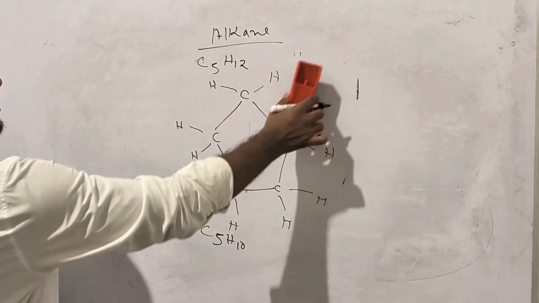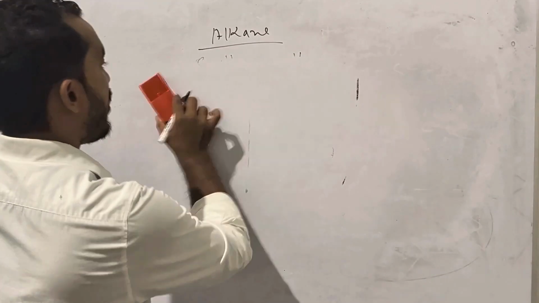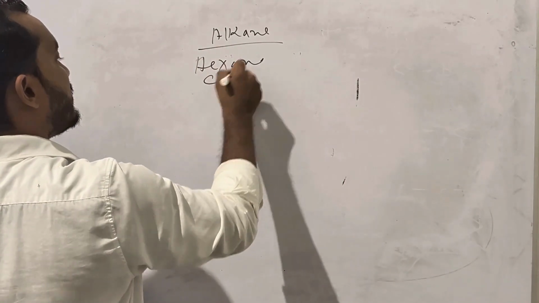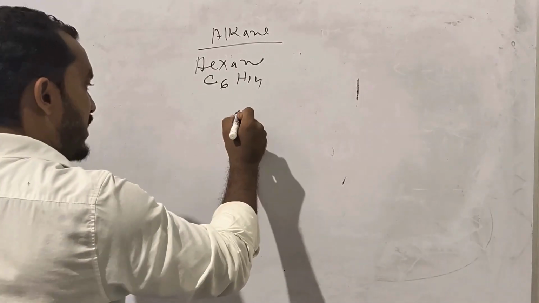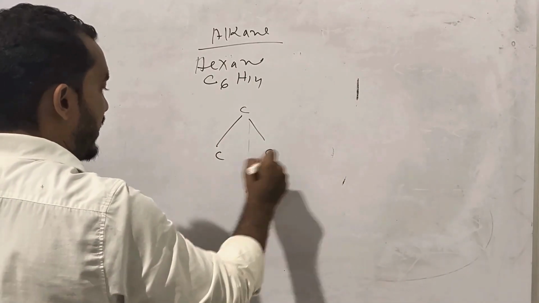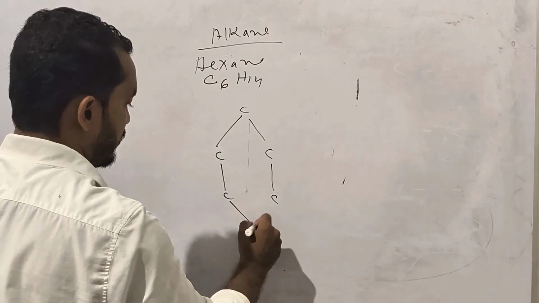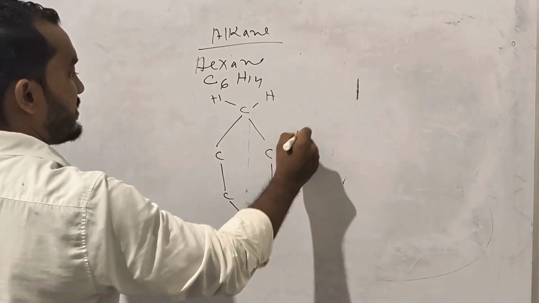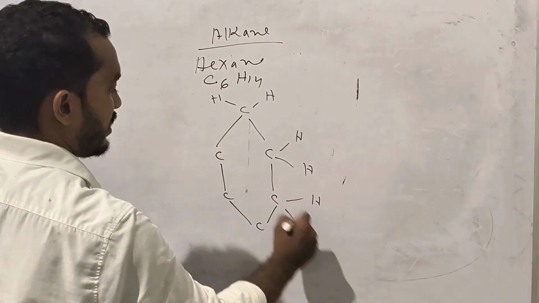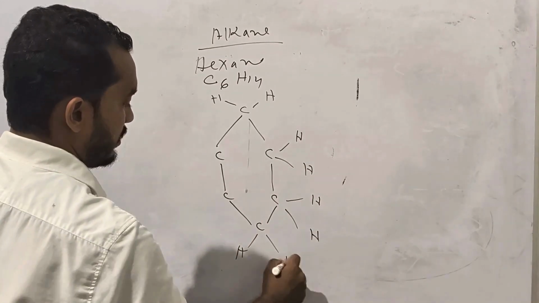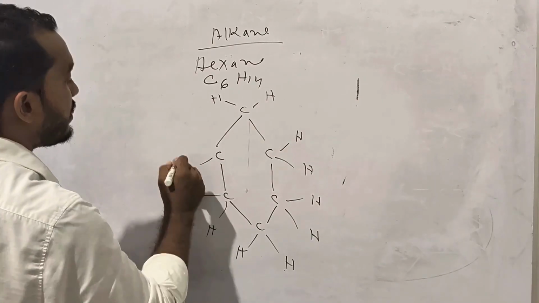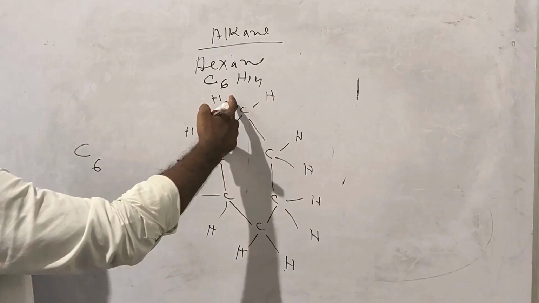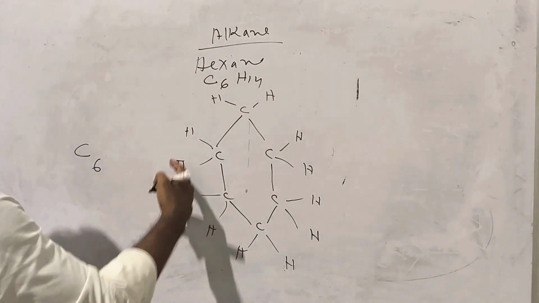Okay, so like that we can draw for hexane. Formula C6H14. See, if I arrange the carbon in this way, this is the structure of cyclohexane. Here carbon is 6 and hydrogen 12. 1 2 3 4 5 6 7 8 9 10 11 12.